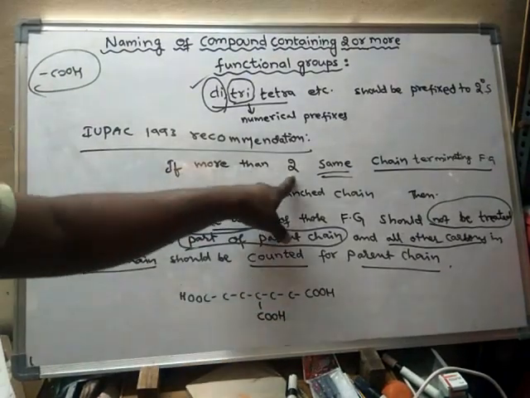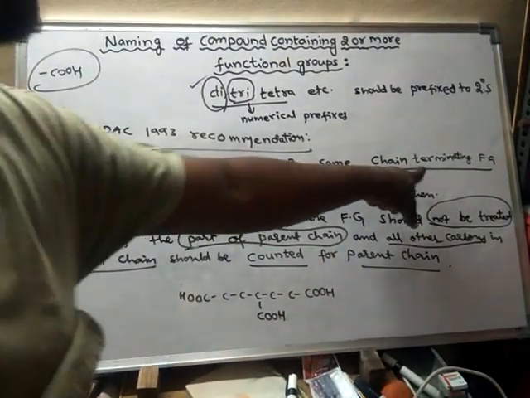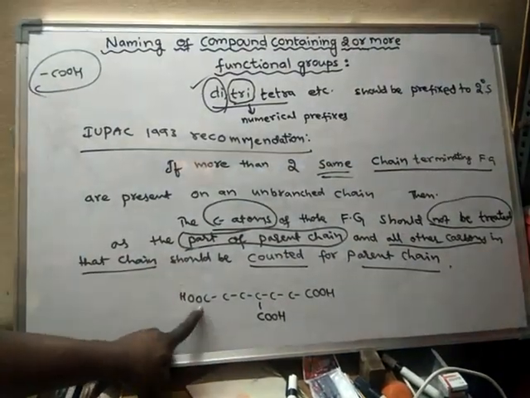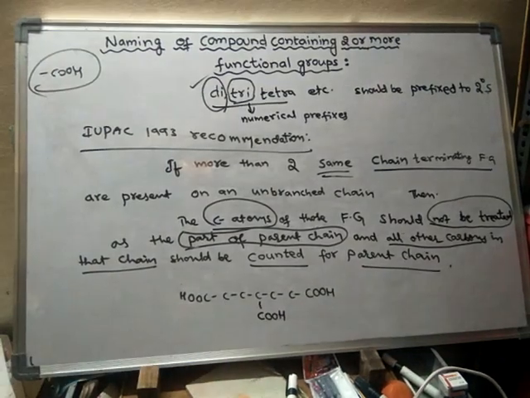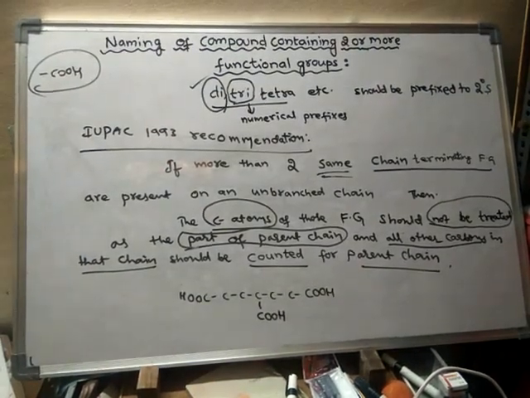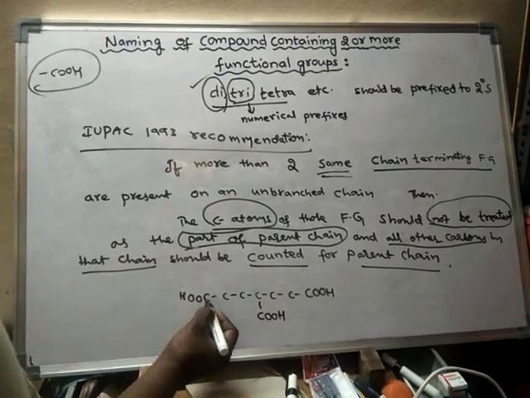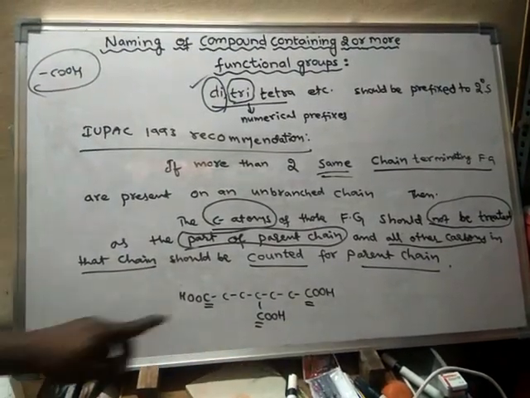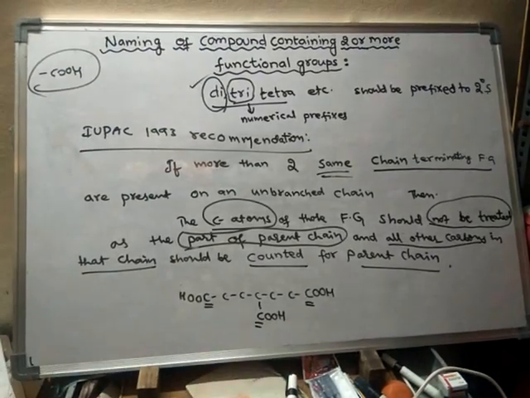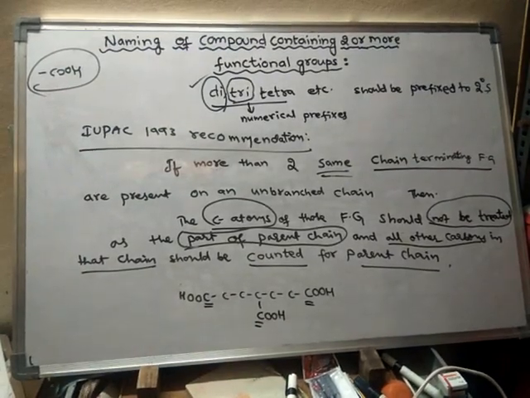If more than two same chain terminating functional groups are present, then the carbons of the chain terminating functional group should not be treated as part of the parent chain.